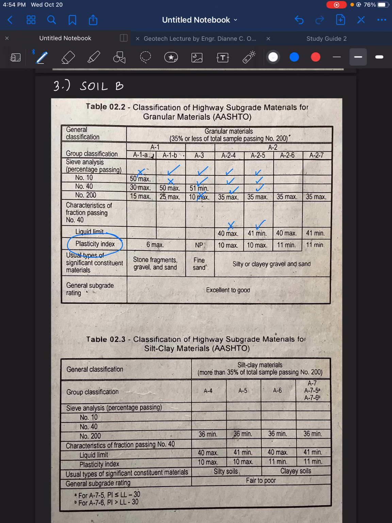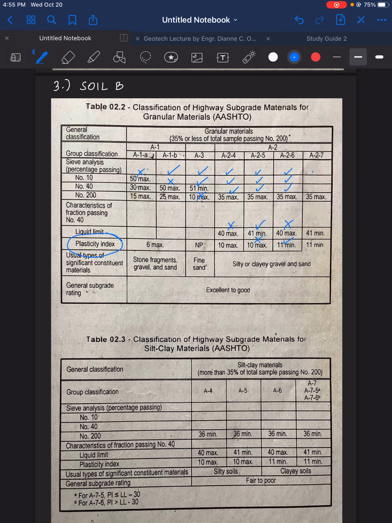So, again, the PI here, does it satisfy 10 max? No. It's in the 11 minimum. But, let's check for the other criteria. This is check for the 35 max. How about 40 max? Again, the same as what happened here. This is X. Okay? Now, let's go to the next category.